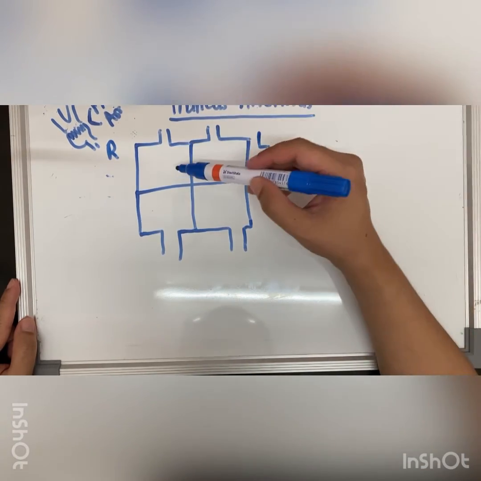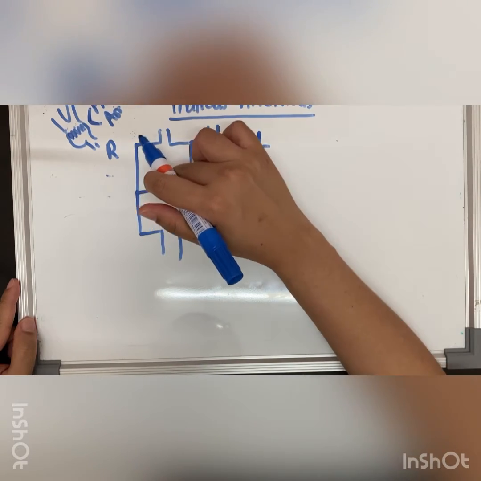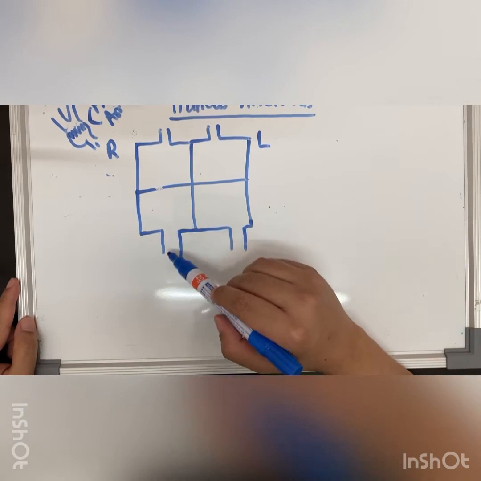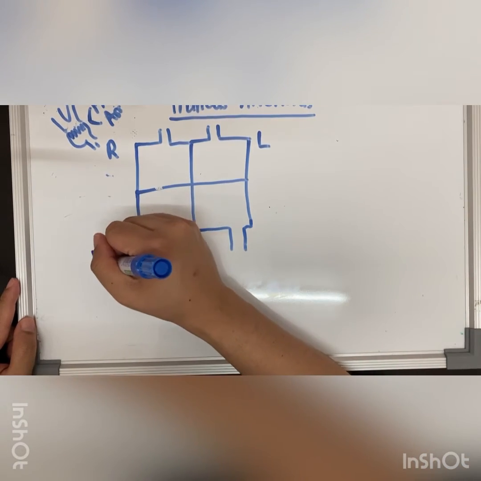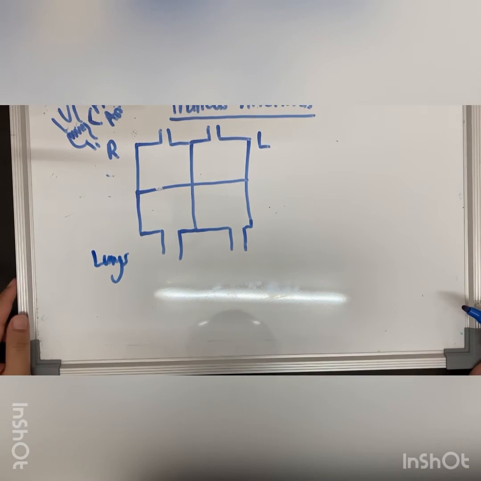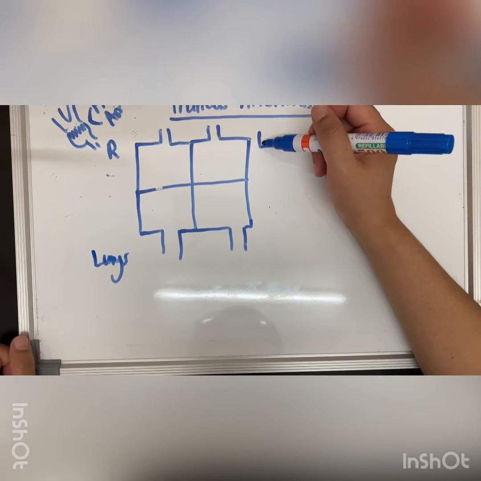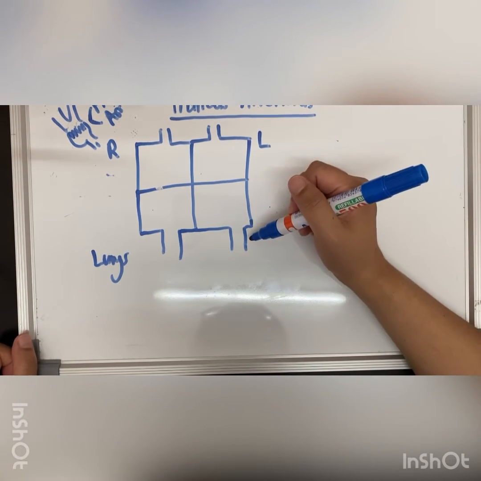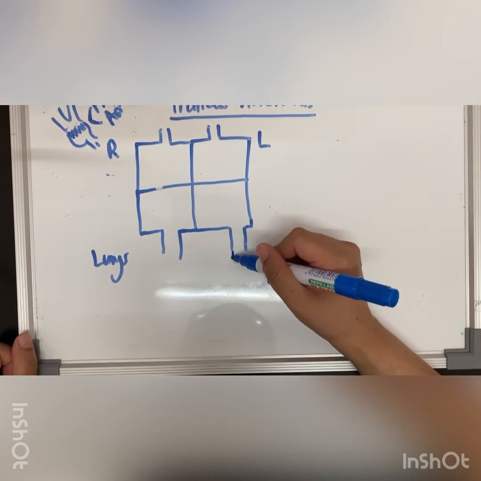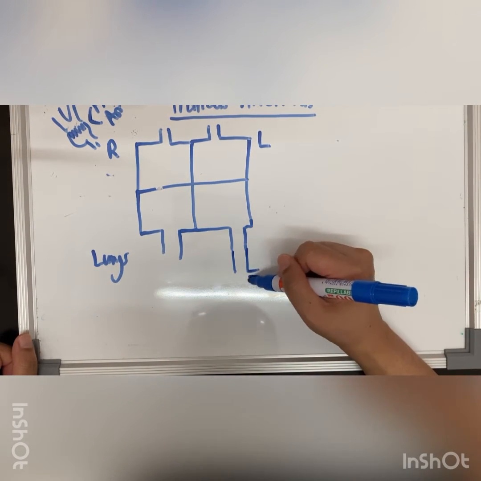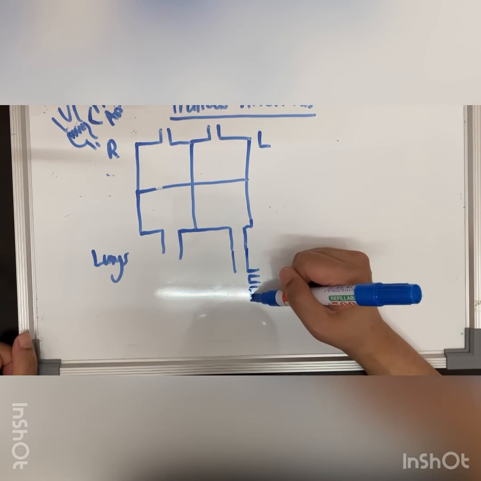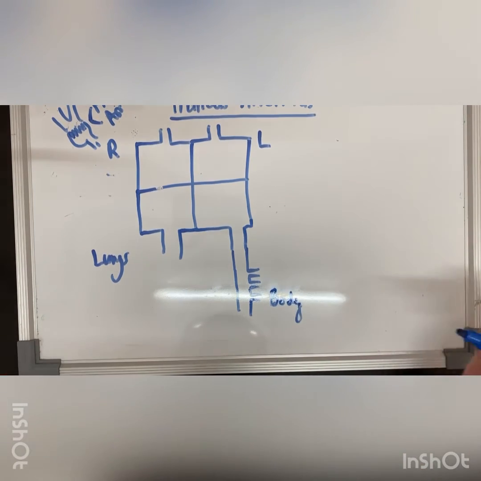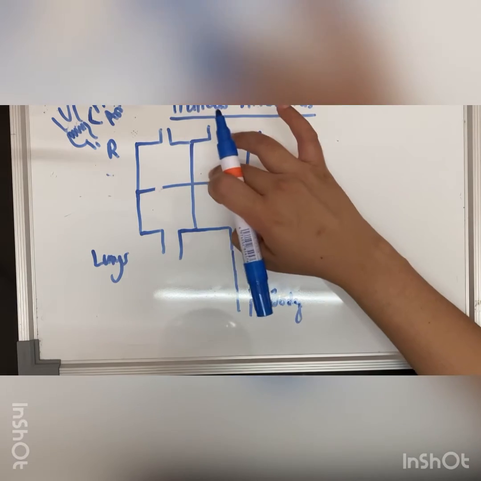On the right side, the right atrium, right ventricle, and the pulmonary artery will arise from the right ventricle, and the circulation will go into the lungs, carrying the deoxygenated blood. And on the left side, the aorta will derive from the left ventricle and will carry the oxygenated blood to the systemic circulation, to the body. So this is what a normal heart looks like.